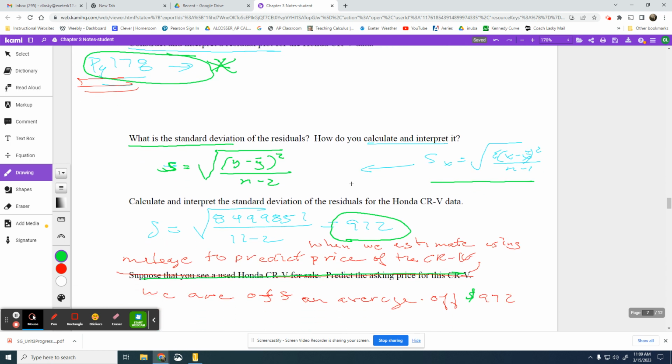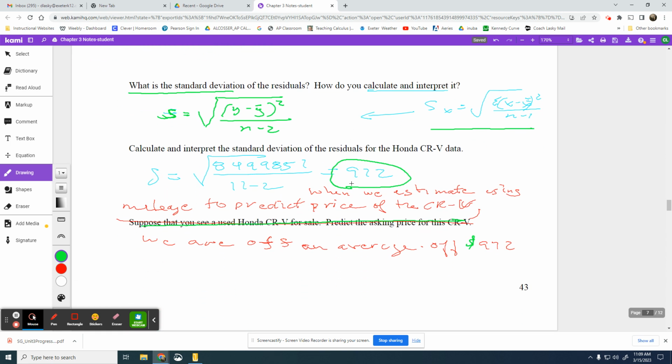So let's talk about the standard deviation of the residuals. How do you calculate and interpret them? First of all, the standard deviation of the residuals is based off of y hat, and this is the equation. You're never going to have to figure this out because the calculator does it for you. Again, look at page 178.